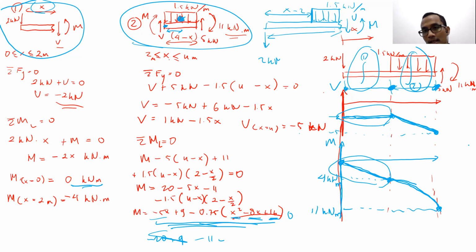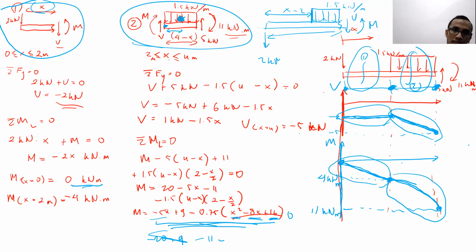The second cut in the shear force diagram will represent this part, and in the moment diagram, it will represent this part. So we have to make sure that the shear force and the moment are represented in the whole beam length. You get it, Matthew? Yes, sir. Thank you, sir.